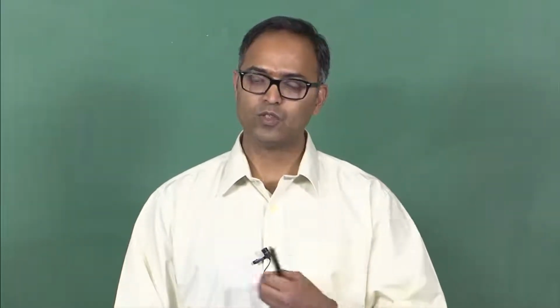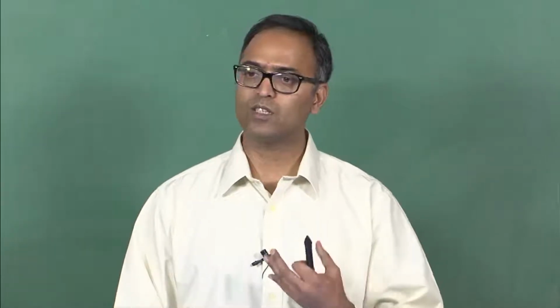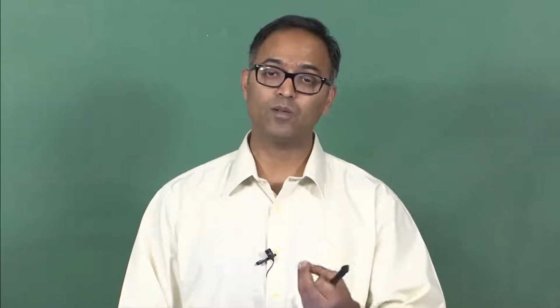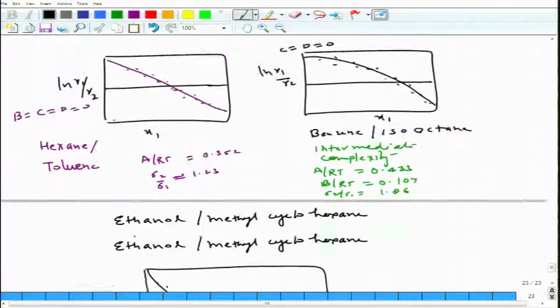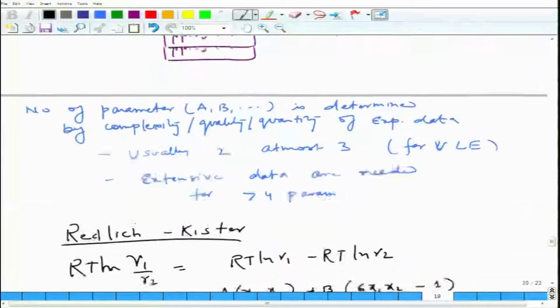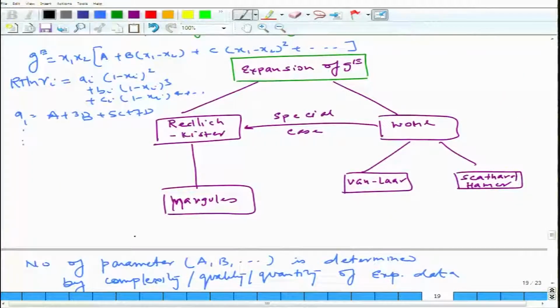Okay, so you cannot randomly just choose anything. You have to understand the nature also in order to come up with the right kind of terms in the system. So now you can clearly see right here that this kind of expression, Redlich-Kister, is coming directly from here, and from here you can get a Margules kind of equation also.